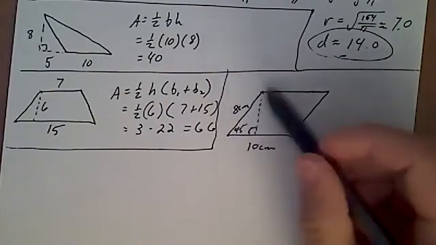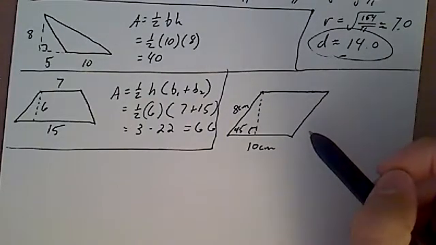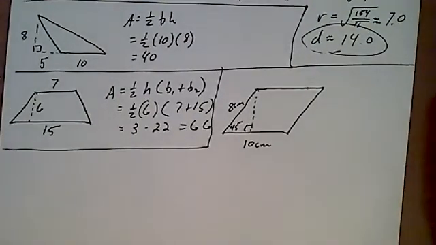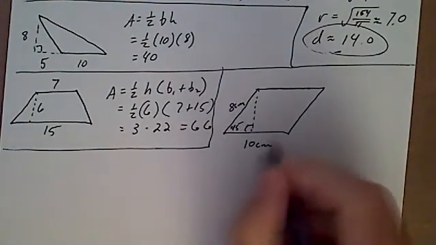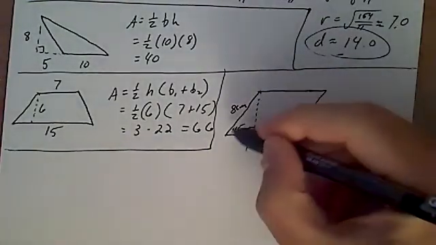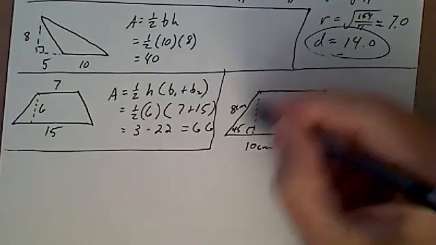So if we have sides of 8 and 10, we need to be able to take the base times the height here, right? So our base is obviously 10, right? The height though is not 8, right? Because 8 is this here.